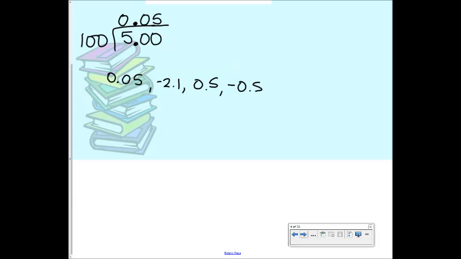Which would you rather have? I would rather have 50 cents. That's bigger, right? So 0.05 and then 0.5 is my biggest. So this is in order from least to greatest. And again, if I don't tell you, you can either do least to greatest or greatest to least. Typically, I always do least to greatest.